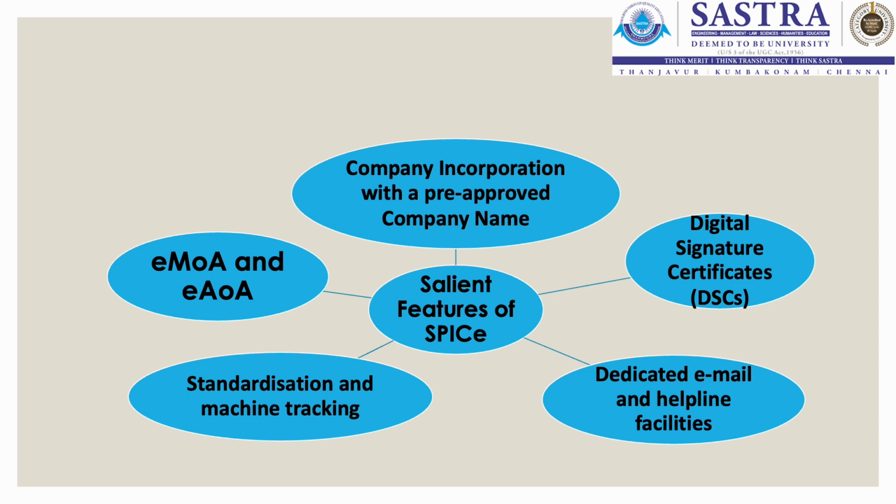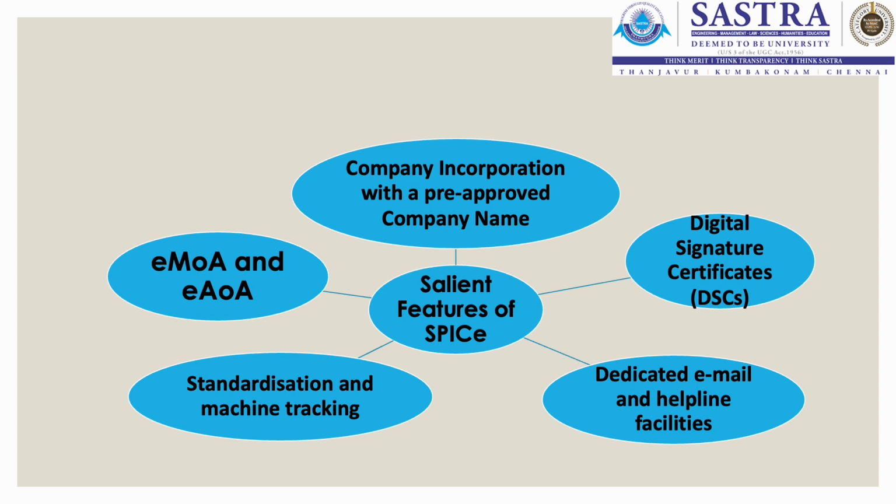Let us see what are all the prominent features of this SPICe. If you look at it, the company can reserve the name of their company in the portal itself, and the subscribers to the memorandum of association, the directors, and witnesses all should have the digital signature certificate.